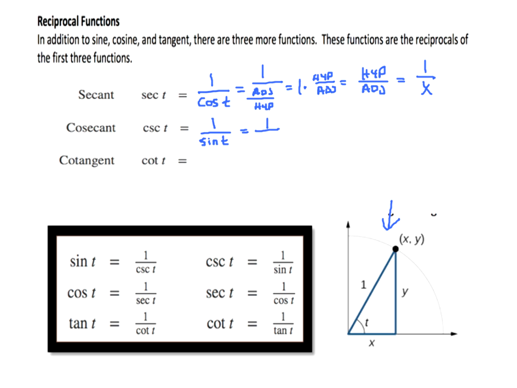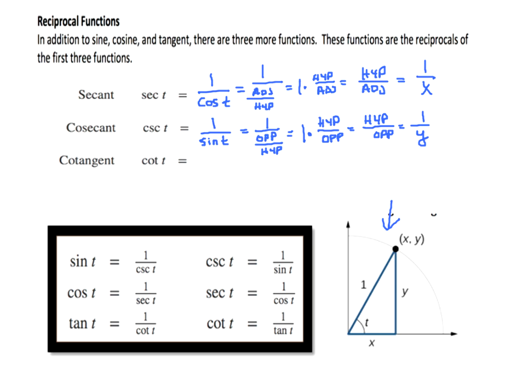So that's 1 over opposite over hypotenuse, which is 1 times hypotenuse over opposite, which is just the hypotenuse over the opposite, which is 1 over y.